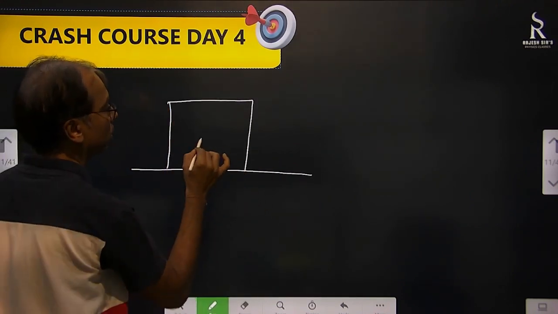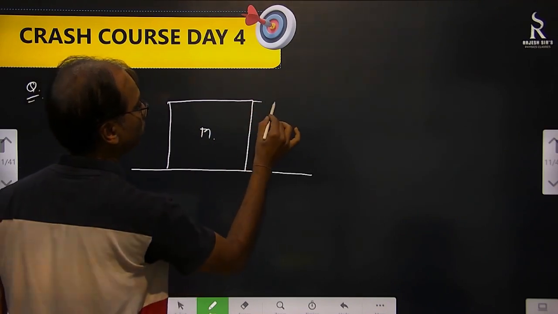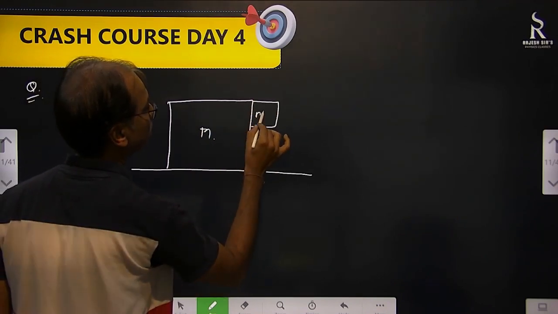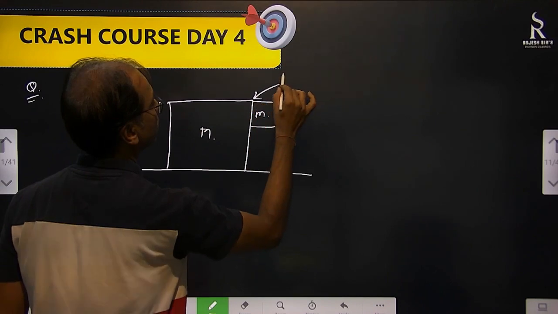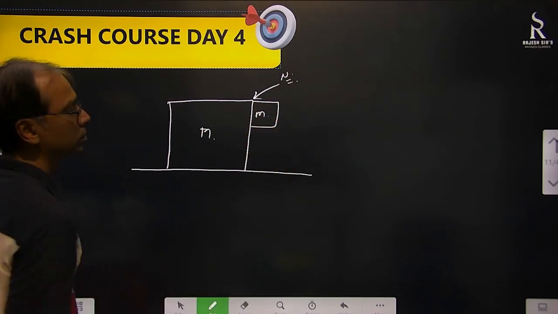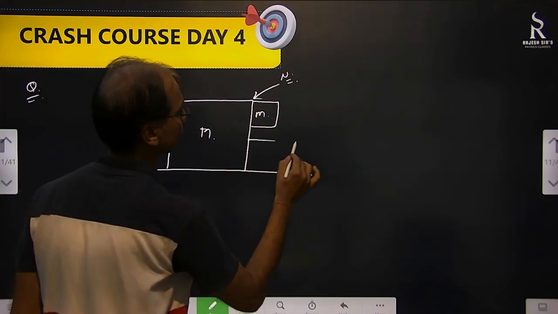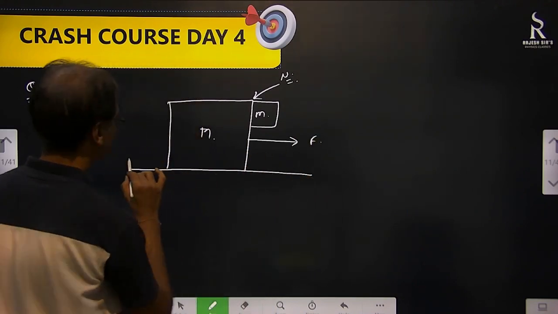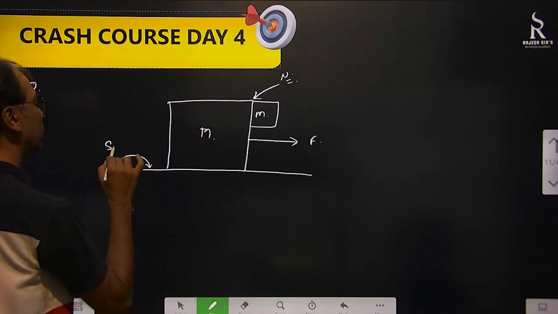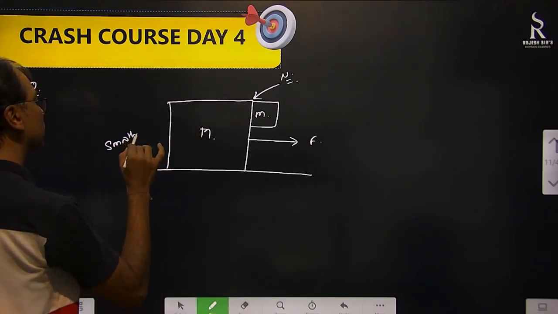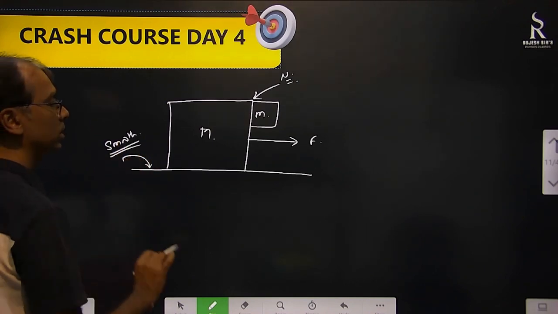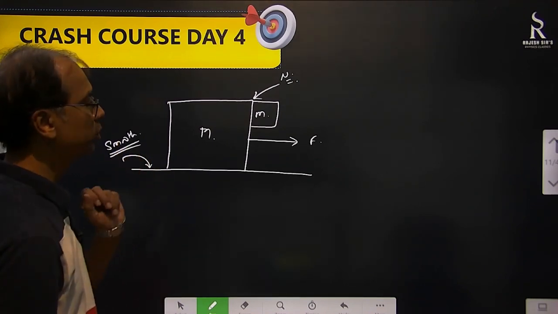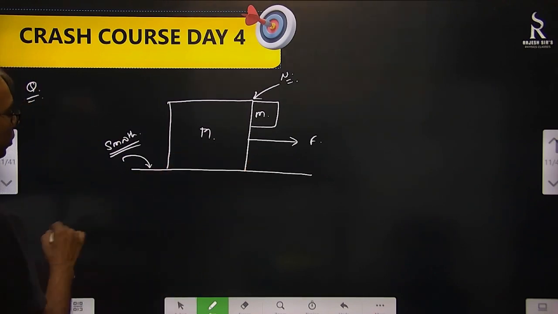Here is one block, another block is here. Coefficient of friction here is mu. Question asks us, and this is smooth surface. Here also we can put coefficient of friction, but in a standard question this is taken as smooth. Okay, so what do we want now?